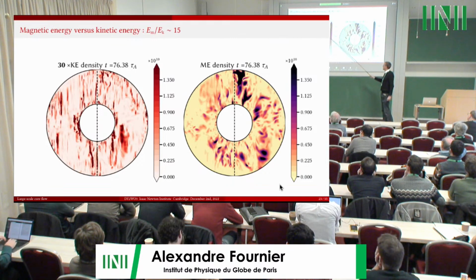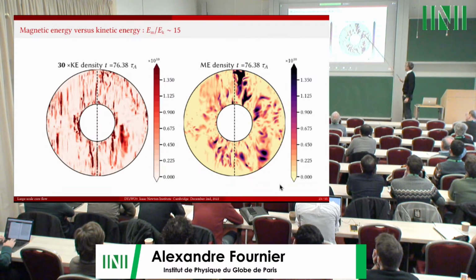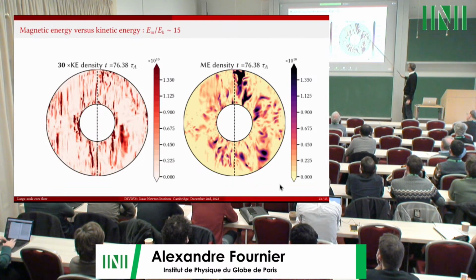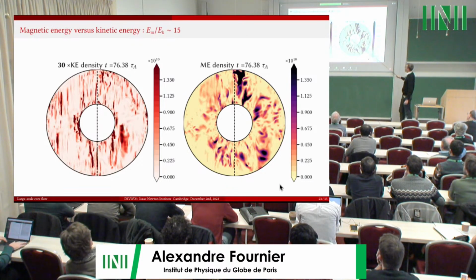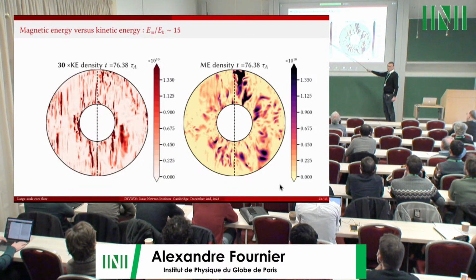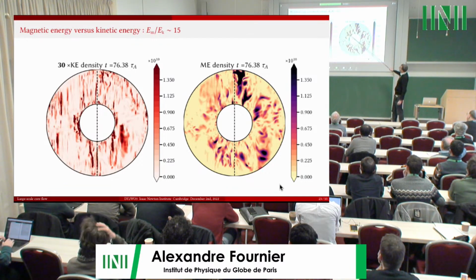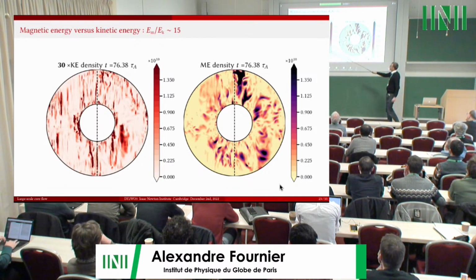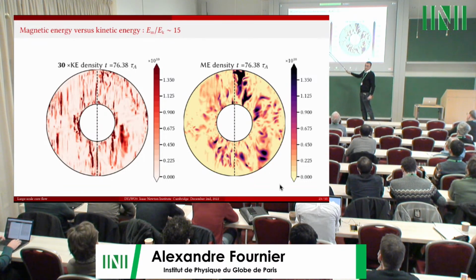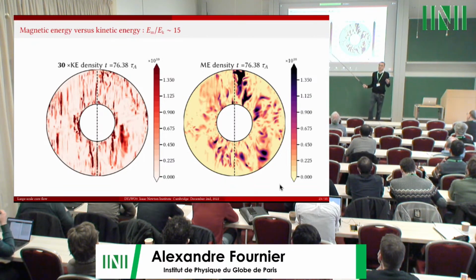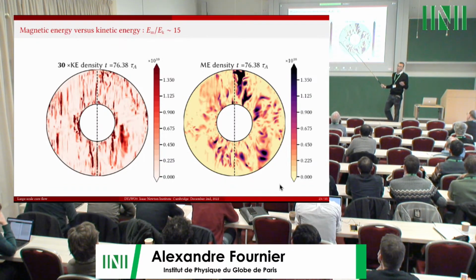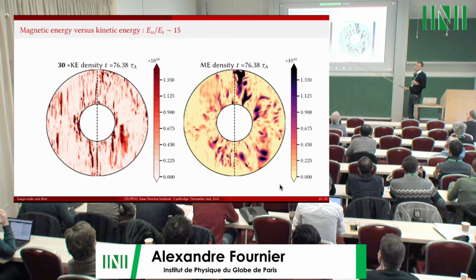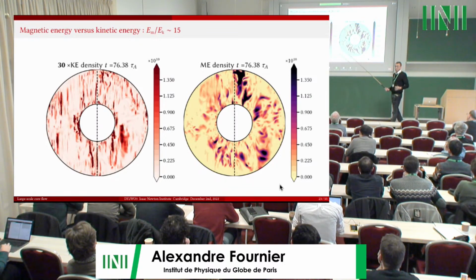And what you see is that at places essentially where the field is strong there is almost no flow, and conversely in those regions where the field is weak, then you can get substantial flow. So that clearly shows that the field, via, I guess, magnetic pressure, exerts control on the topology and the organization of the flow inside the domain.